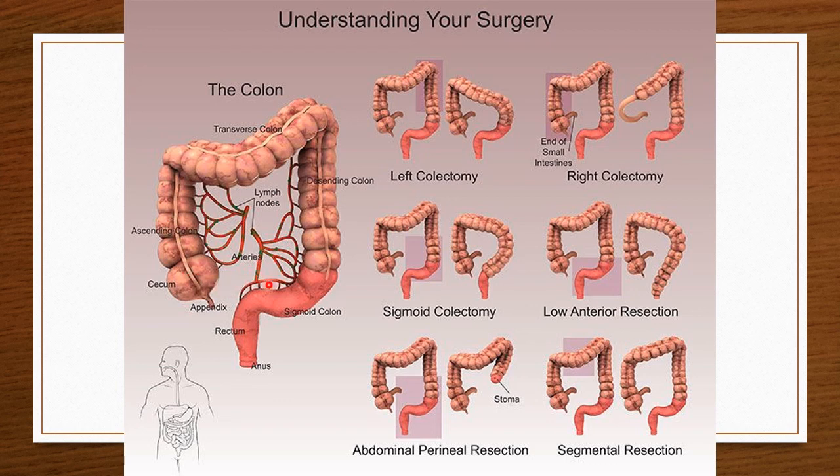The veins, on the left side, from the splenic flexure round to the rectum, drain into the inferior mesenteric vein, which then continues to join the portal system. On the right side, the veins unite to form your superior mesenteric vein, which again joins to form the portal vein.